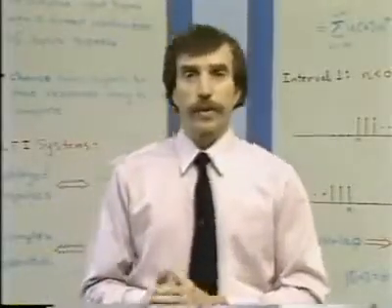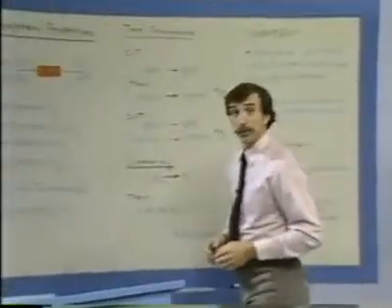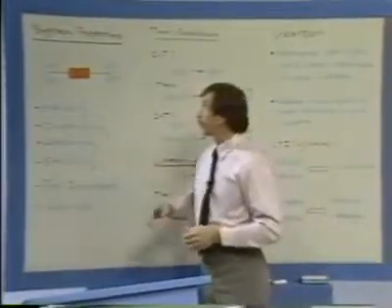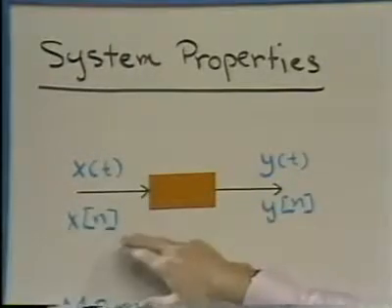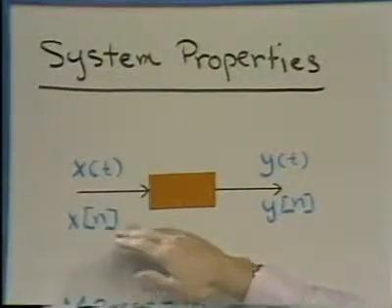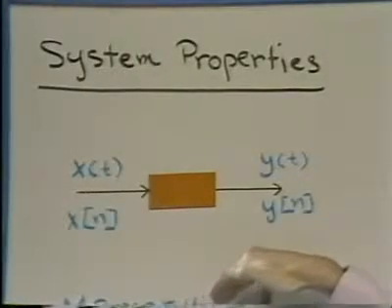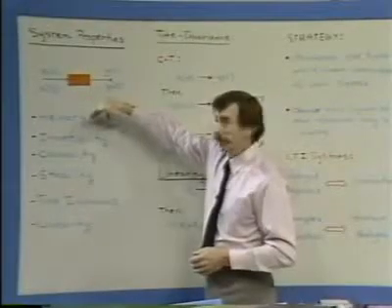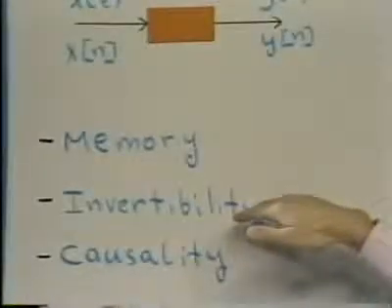In the last lecture, we discussed a number of general properties for systems, which, as you recall, applied both to continuous time and to discrete time systems. And these properties were the properties associated with a system having memory, the issue of whether a system is or isn't invertible.